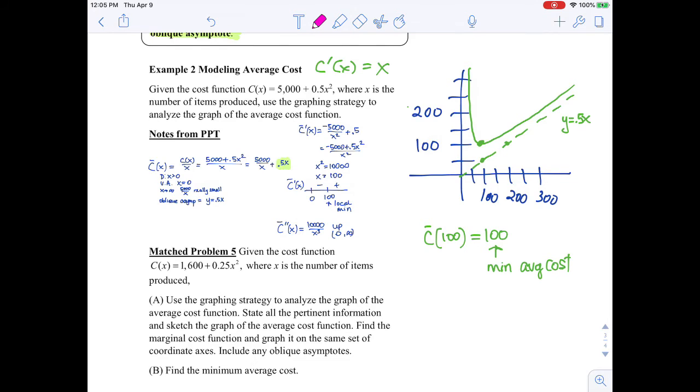If I graph that, we find that the minimum average cost occurs when the average cost equals the marginal cost.